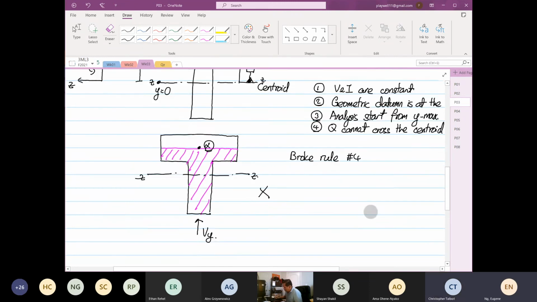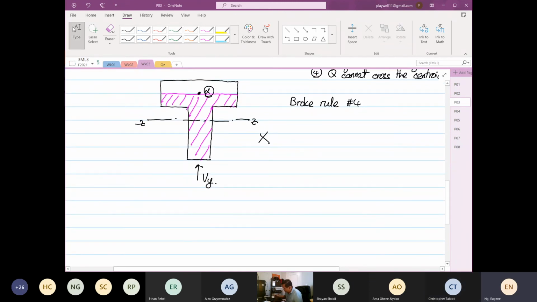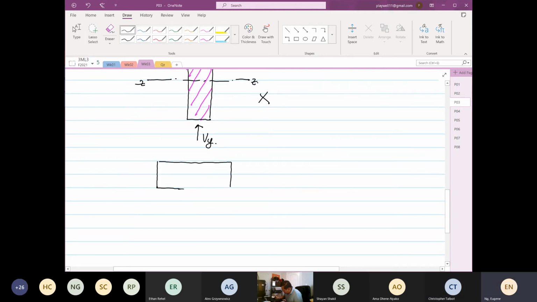What if now maybe we will take this area? If that's not correct, so we look at this. Same thing. So if we were to obey rule number 4, let's say Eugene says we cannot cross.